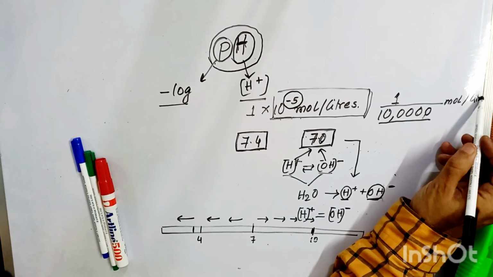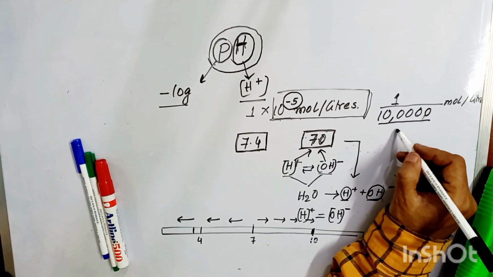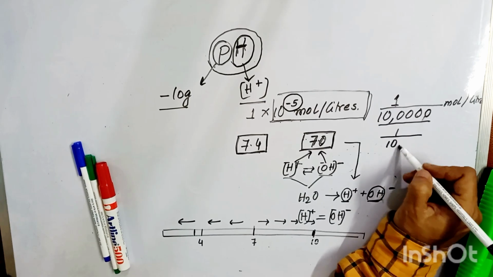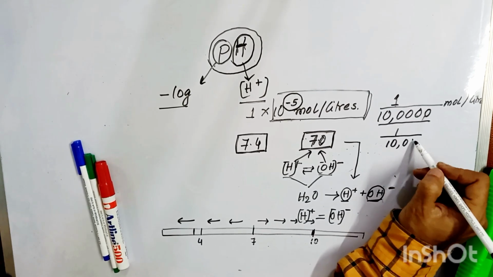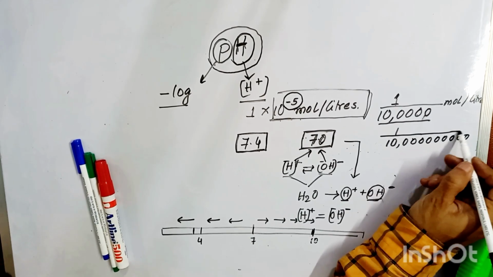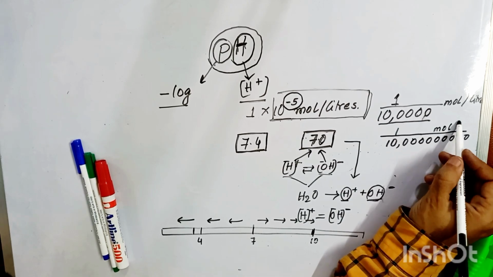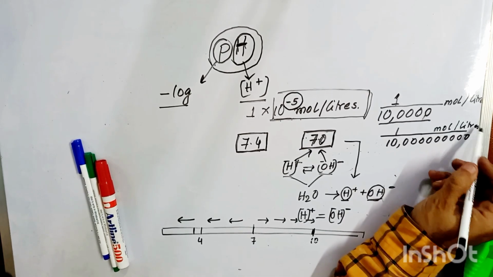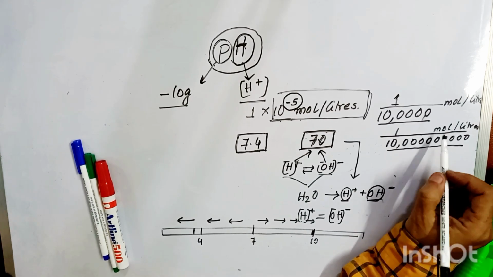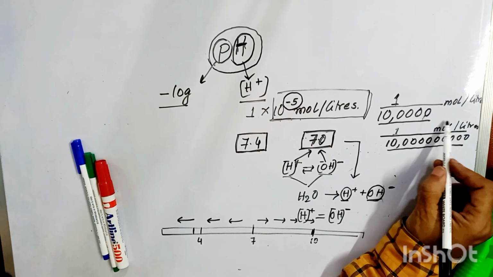When this 10 to the power minus 5 goes to 10 to the power minus 10, the amount of hydrogen goes down. 10 to the power minus 10 means 1, 2, 3, 4, 5, 6, 7, 8, 9, 10. 1 mole of hydrogen is divided by 10 to the power 10, so it is just a fraction, 1 by 10 to the power 10 moles.